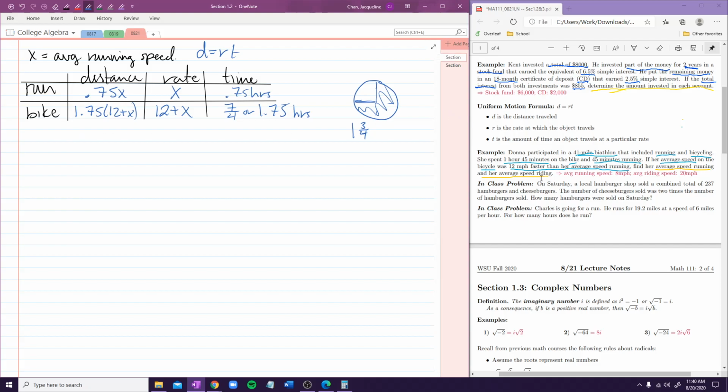So we almost used all of this, but what else do we know? We know the total distance that she traveled for everything is 41 miles. So what does that tell us? If we add the running distance plus the bike distance, this is the total distance.